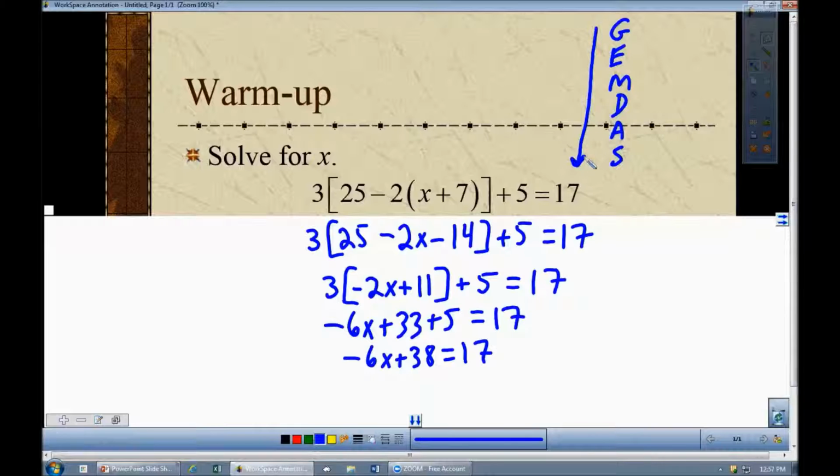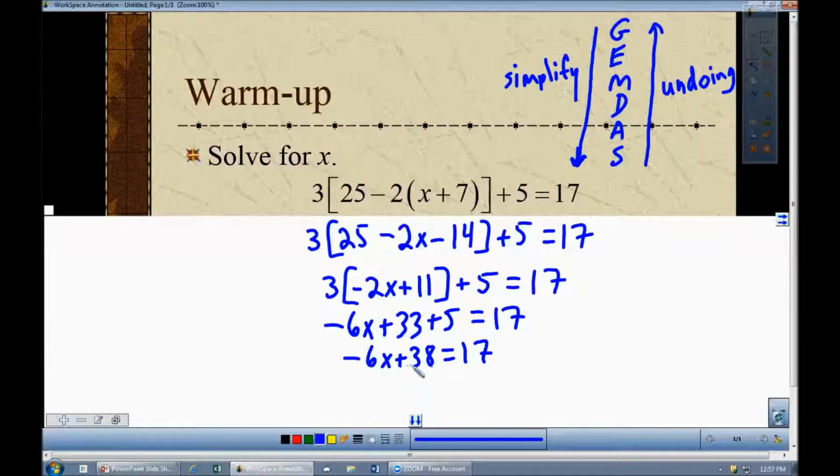When I'm undoing things in an equation, I'm going to follow the order of operations in reverse. So for simplifying, follow the order of operations. For undoing, which is one of our key skills in solving equations, we'll do things in reverse order of operations.